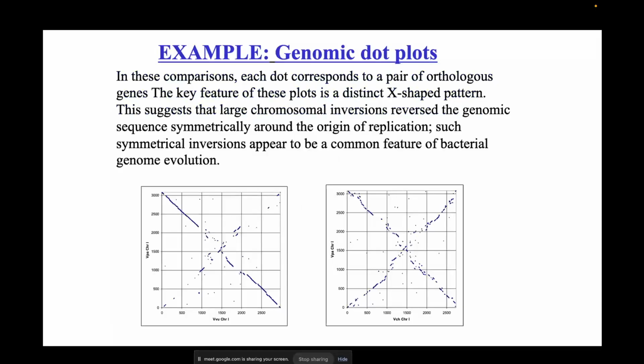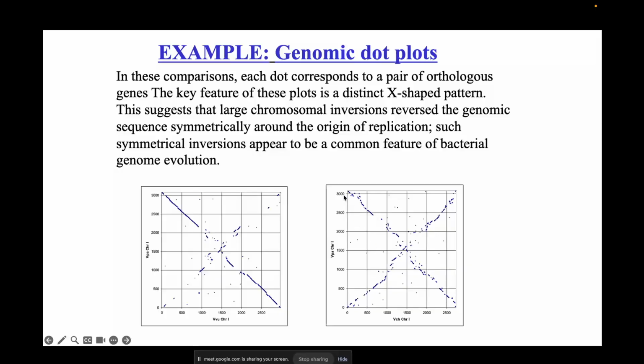Okay. Yeah, as I was going about, the example I'm talking about is for genomic data, but again, it's going to be very similar for protein data as well because it's just a sequence. So each dot will correspond to a pair of orthologous genes. In this case, we are matching genes. And the key feature of these plots is the distinct X-shaped pattern. These suggest chromosomal inversions, as I was saying.